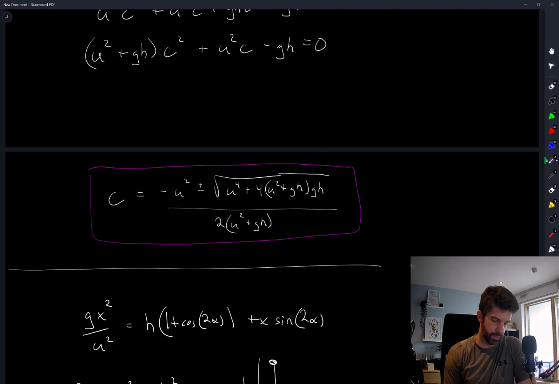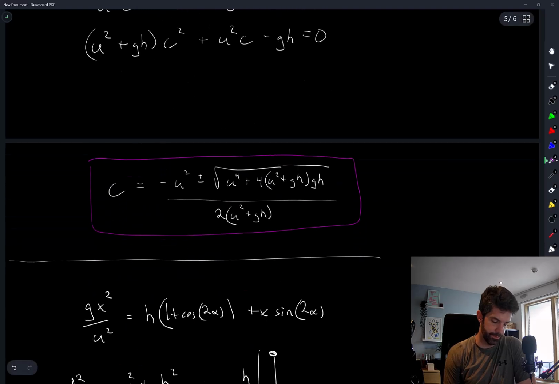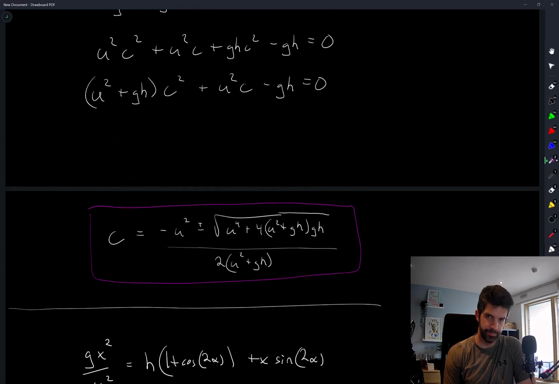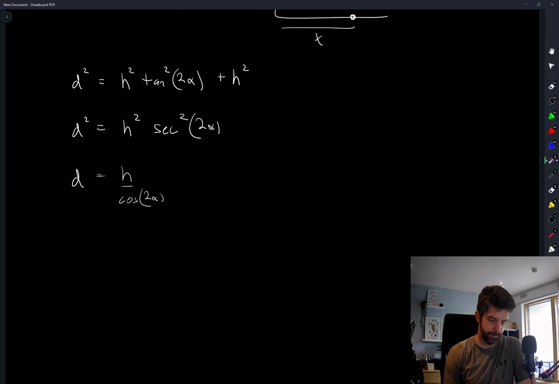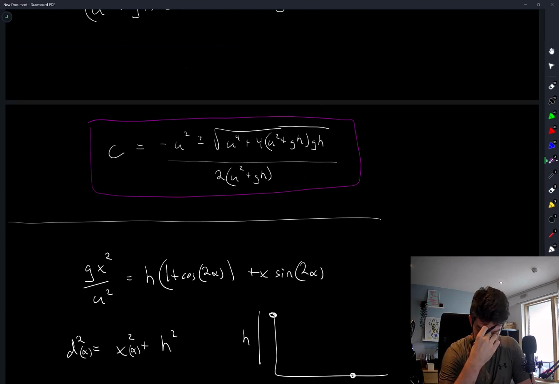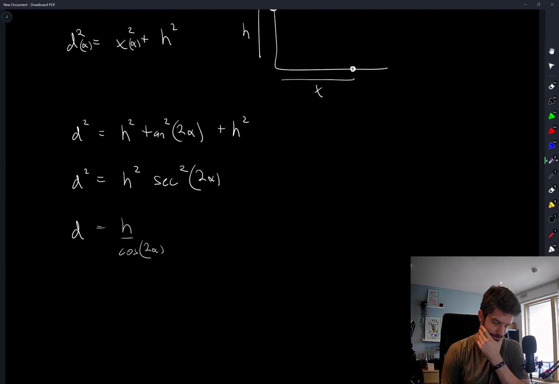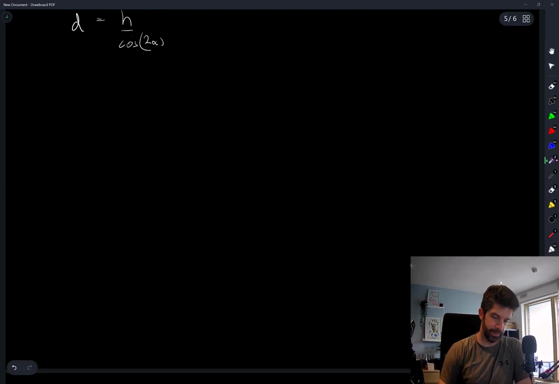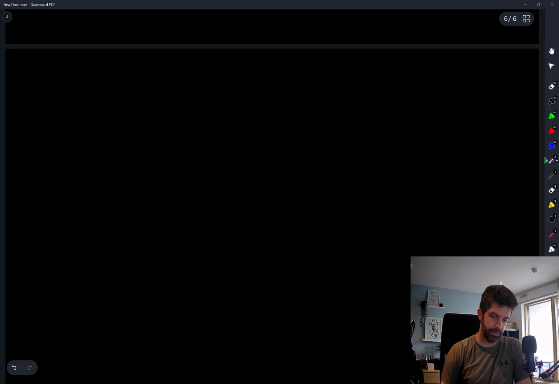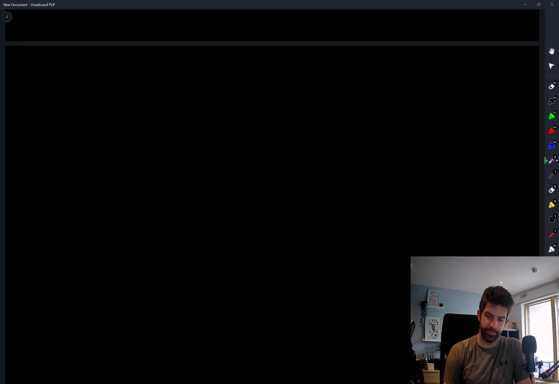What have I done wrong? Okay, I'm going to try and figure out, I think maybe I just didn't simplify this expression for cosine 2 alpha in the right way.